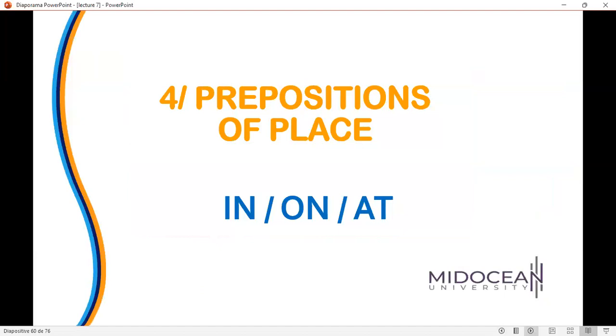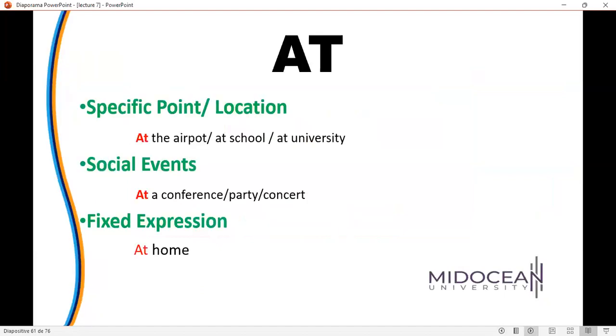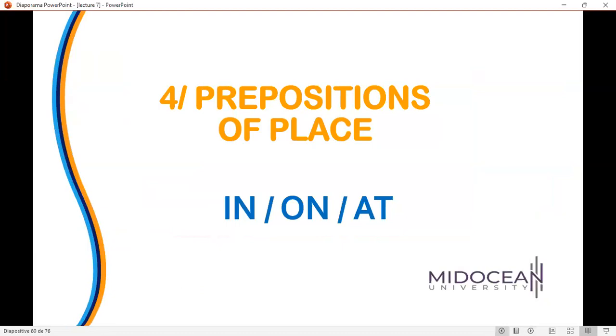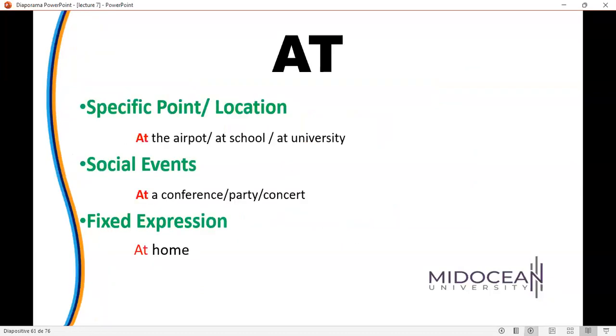Part 4 now, prepositions of place. Okay. Let me explain now this part in more detail. Okay, so prepositions of place: in, on, at. At. So you have a specific point or location.